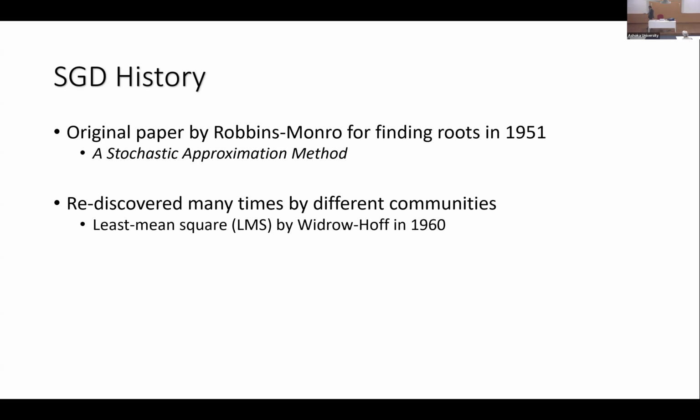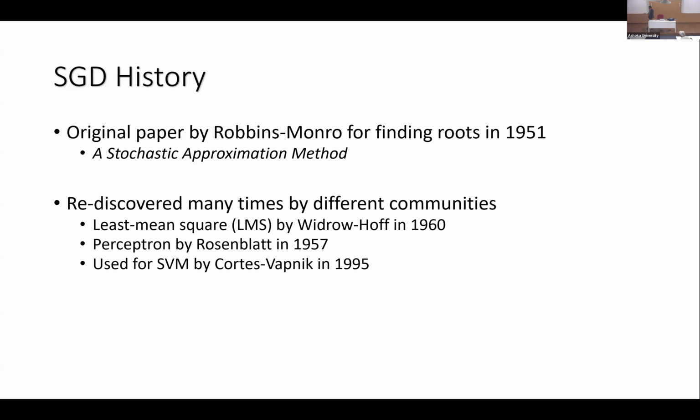Right? So for example, LMS and perceptron and SVM were all using different kinds of stochastic gradient descent, but without perhaps properly connecting all these different algorithms together.